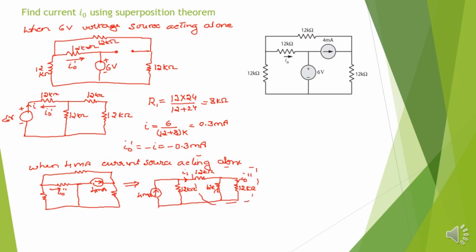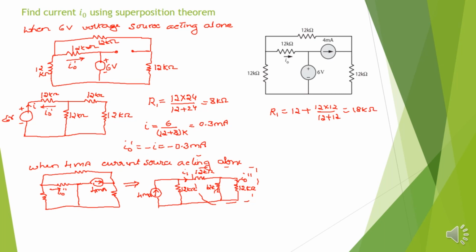This resistance I will consider as R1, equal to 12 plus 12 into 12 divided by 12 plus 12, which comes as 18 kilo ohm.